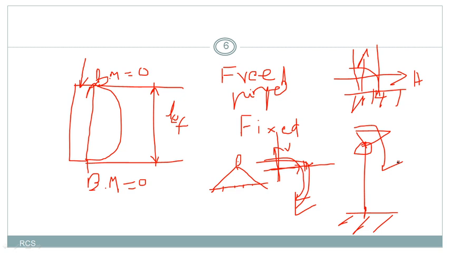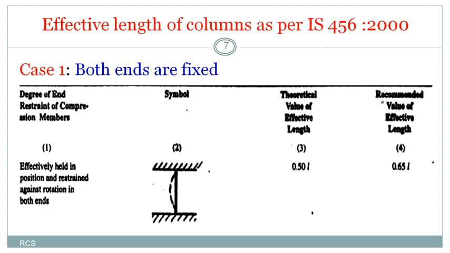So when the column has a hinged end connection, we can say there is no resistance against rotation. Based on this concept, let us calculate and see the effective length for different end conditions according to IS 456:2000. So let us calculate the effective length of columns as per IS 456:2000.